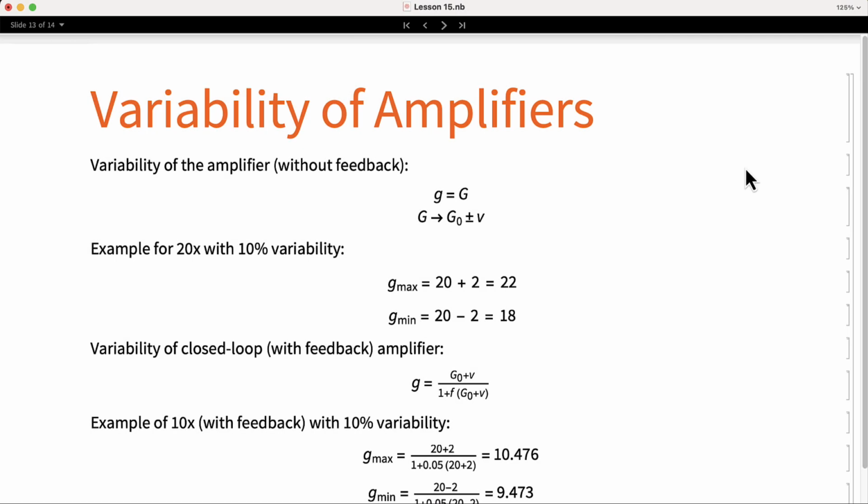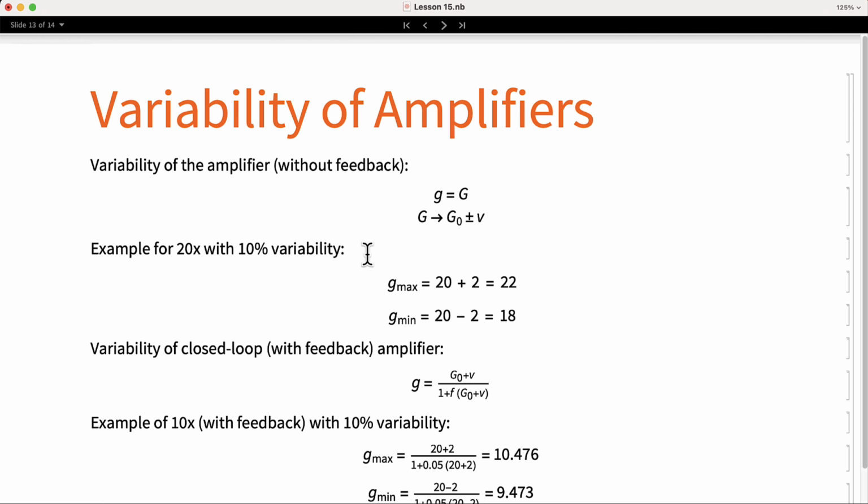Let's start by calculating the actual gain of an amplifier without feedback. In this case, the actual gain, which is the lowercase g, is equal to the amplifier gain, which we have been representing with uppercase G. We can replace the amplifier gain by the gain G0, which is the design gain, plus or minus a variability value represented by V. For the previous example, the 20x gain amplifier has a variability of up to 10%, we can calculate what should be the maximum and minimum for the gain in the following way.